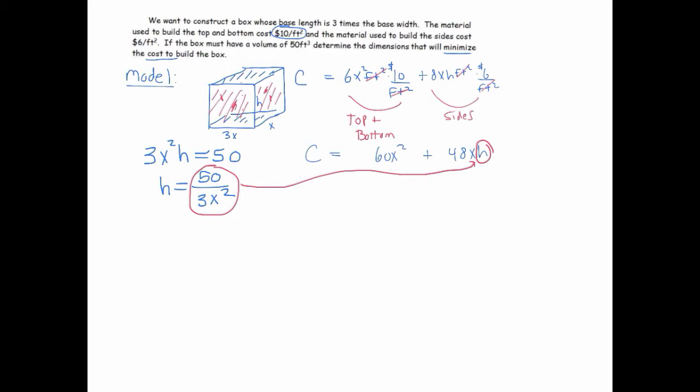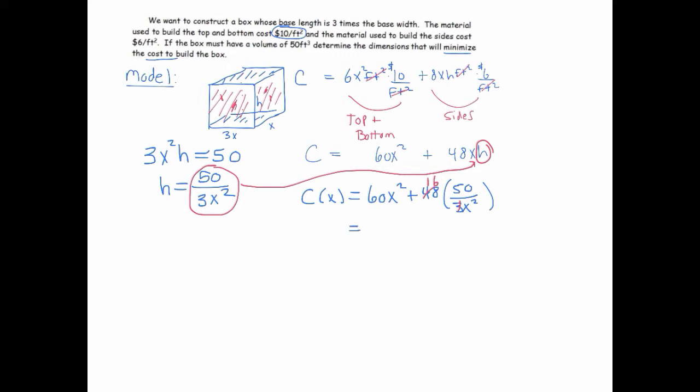And then it'll allow me to write the cost in terms of one variable, 60x squared plus 48 times 50 over 3x squared. So this is where I might cancel a little bit. 48 divided by 3 is 16. And when you multiply 16 times 50, you get 800.